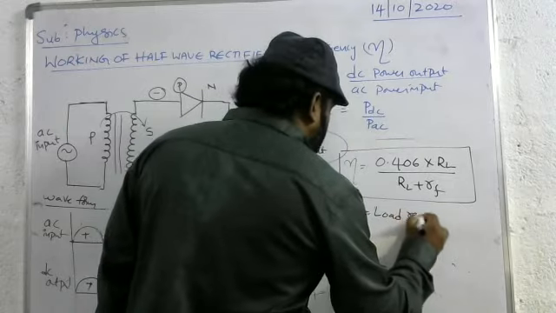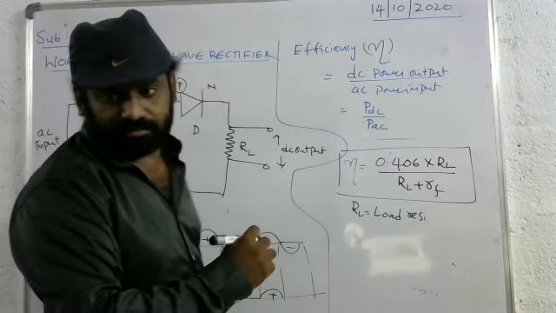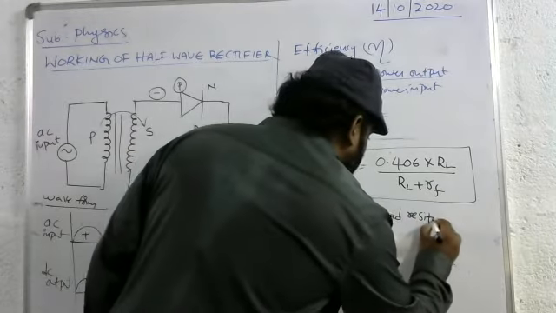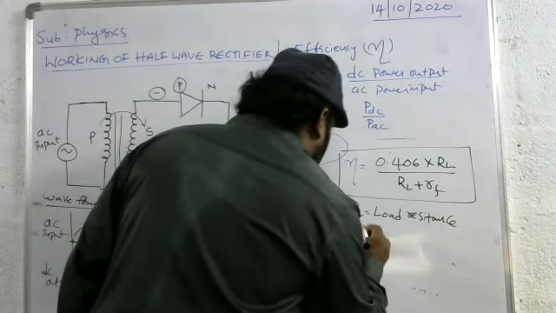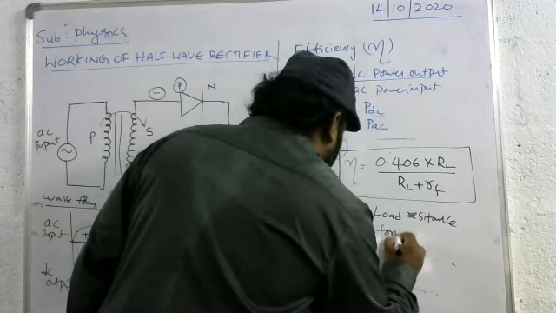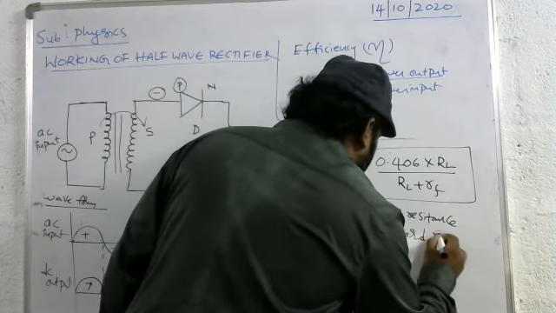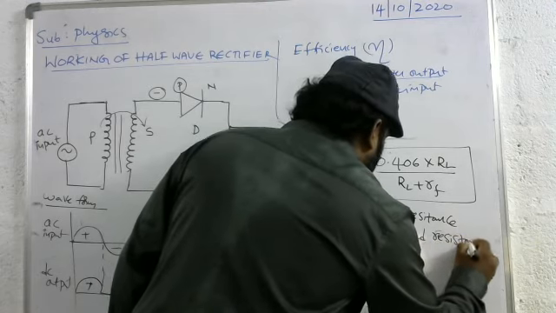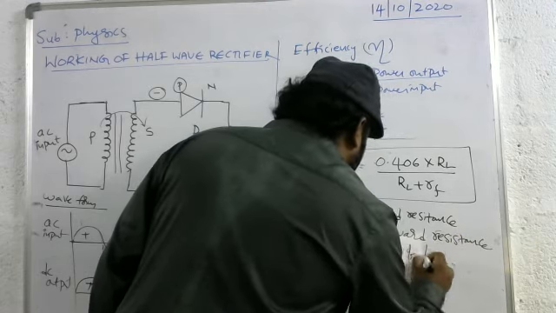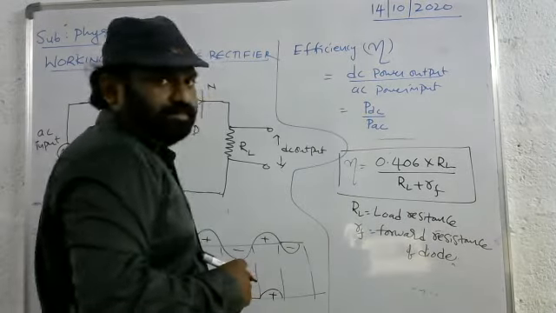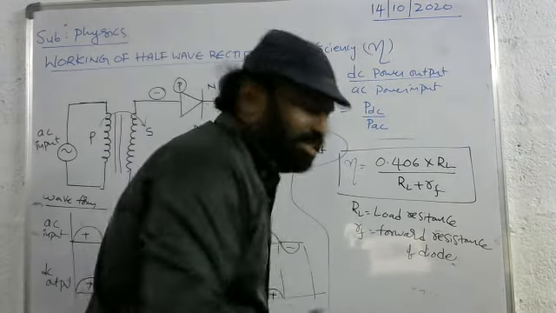R_L is called load resistance. R_F is called forward resistance of diode. Maximum percentage of rectification is 40.6%, only half.